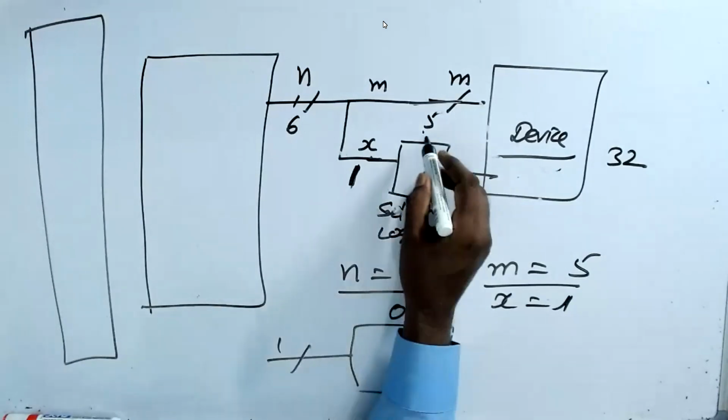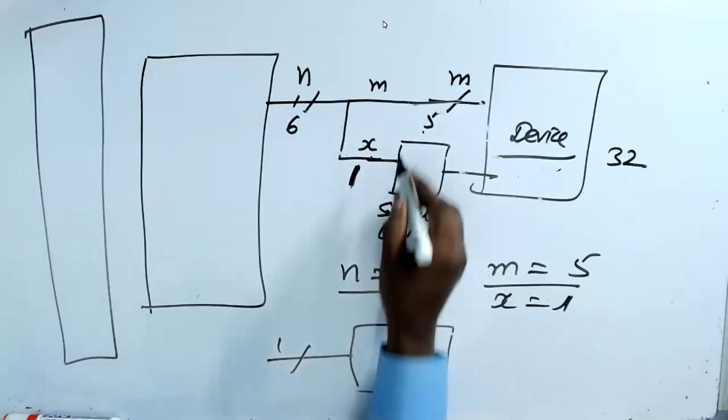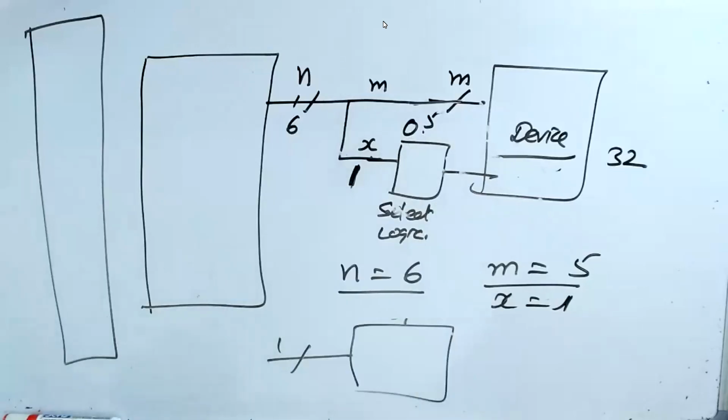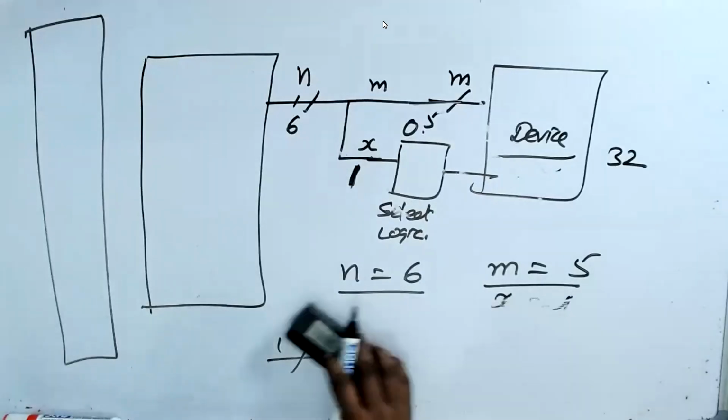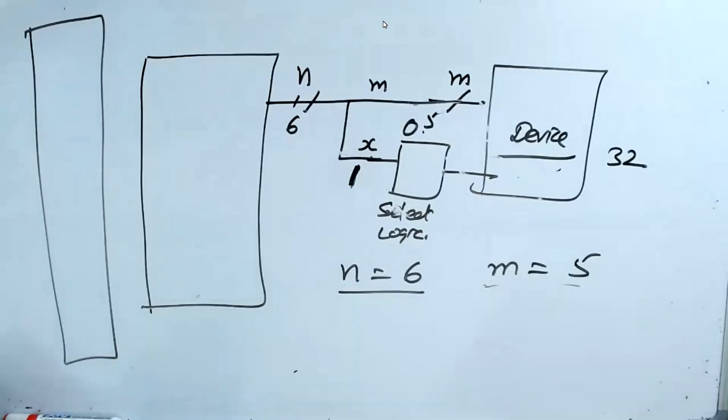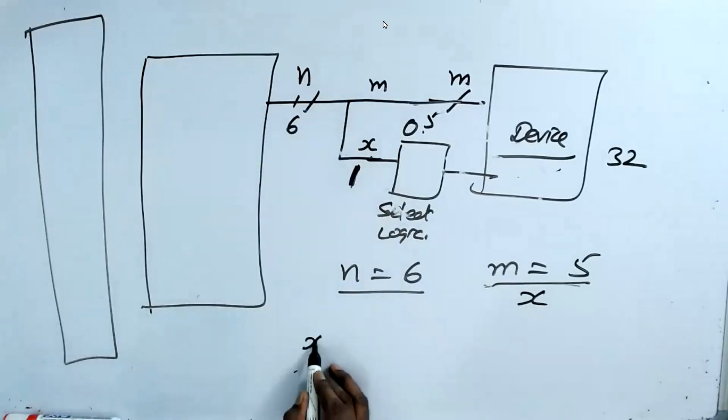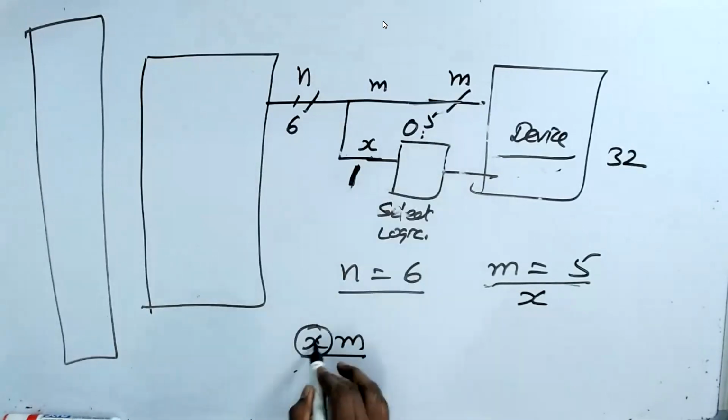Let us assume the name is 0. When you write the N, it is X then M. What you are giving here is the name, and this is the range.